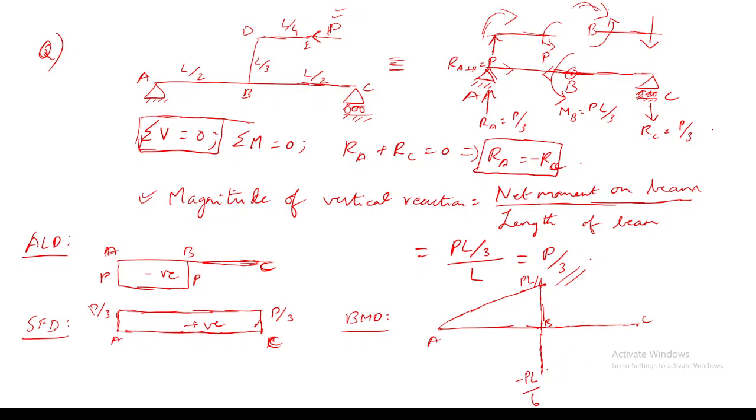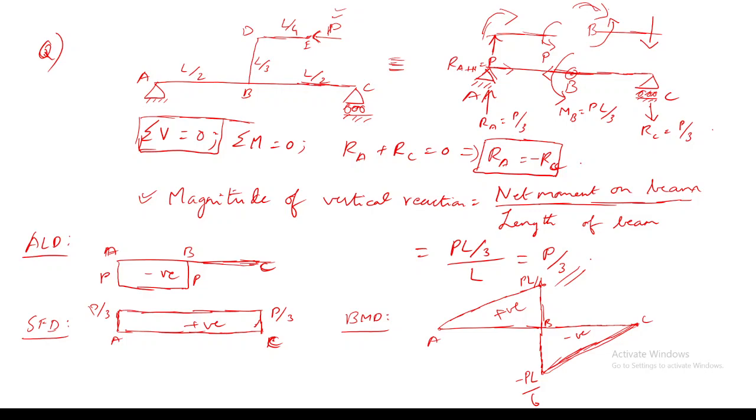Then I can join it using a straight line. This is positive and this is negative. This is the same thing we have learned earlier. The only new thing I have introduced here is that the magnitude of the vertical reaction can be found by the net moment on the beam divided by the total length of the beam.